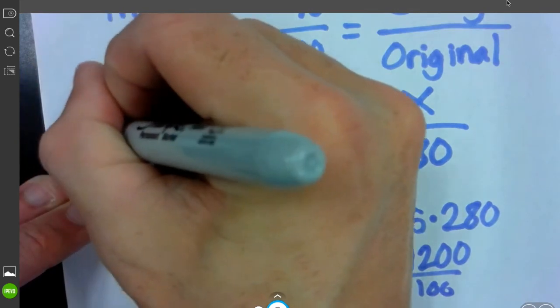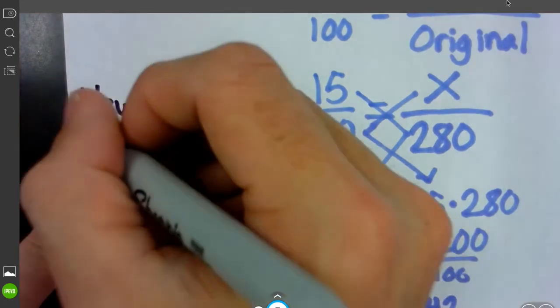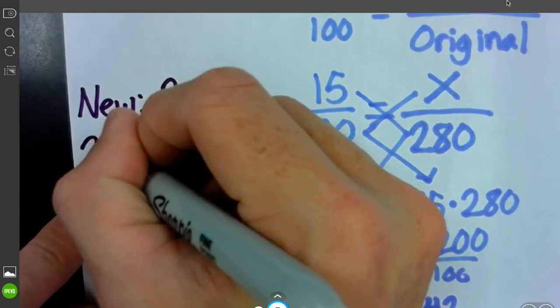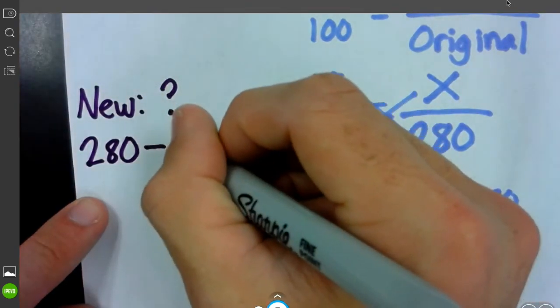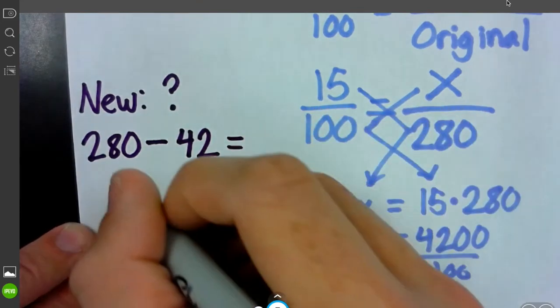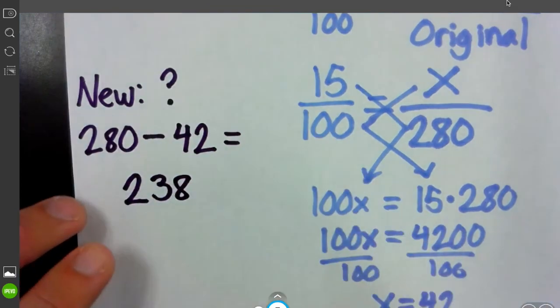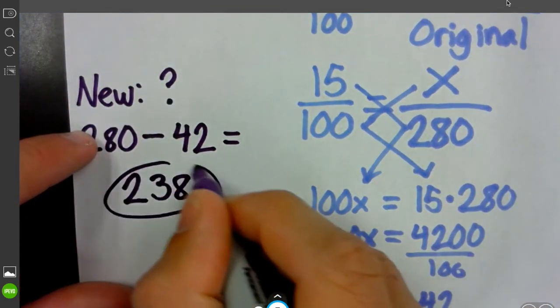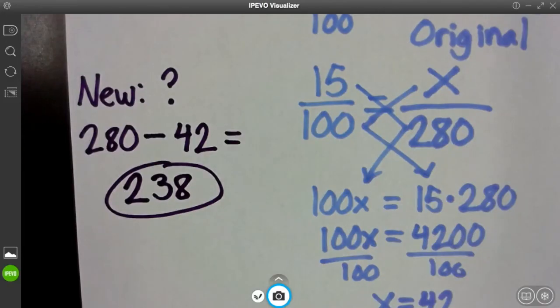So to get new, remember that's our question mark up here was new. Okay? Well, we're going to have to take our original amount of 280 and subtract, because it's a decrease, 42 kids. So you're going to see that there's now only 238 students enrolled in the 7th grade class. So that will be the answer to this problem. 238 students.